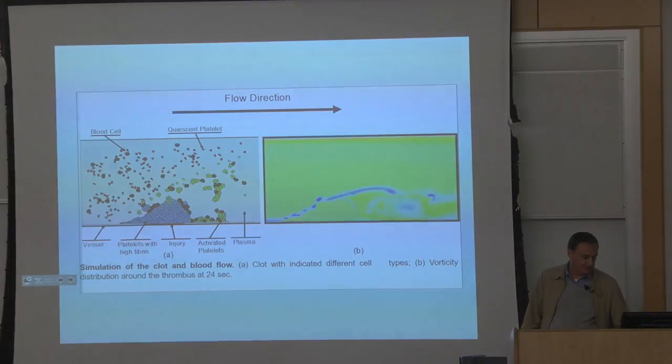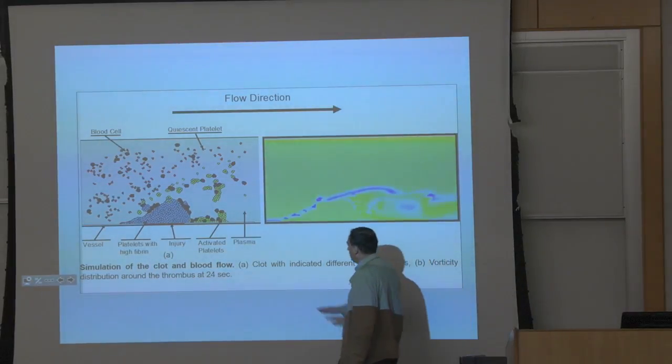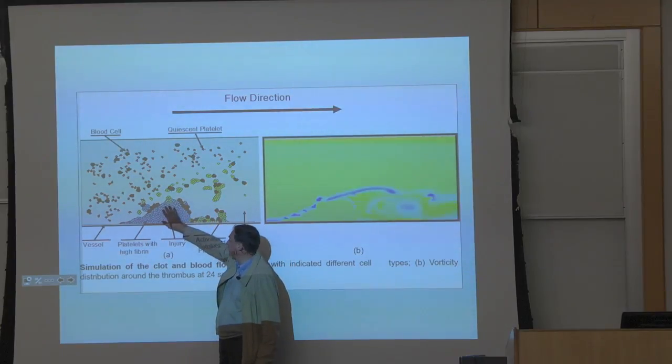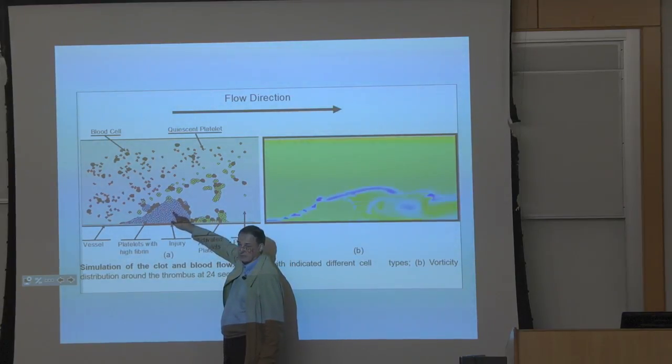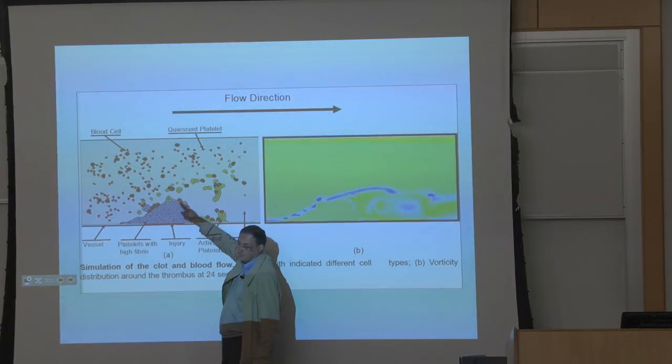So we study, using a cellular Potts model, how these clots can form. And it's a multi-scale model. So on one lattice, we have this cellular Potts model representing cells, different types of cells. These ones actually have already a fibrin network covering them. It's activated platelets, non-activated platelets, other bigger blood cells, non-adhesive.